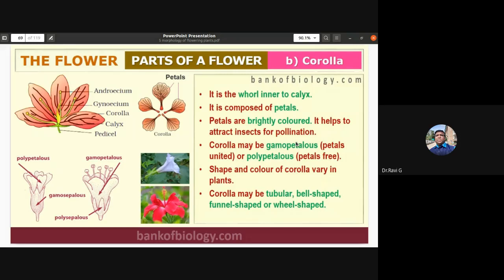If the corolla is bell shaped, as in Pichkari mara, that is Uchekai mara, the flowers are bell shaped, so we call it campanulate corolla. If the flowers are funnel shaped, just like a funnel, we call them infundibuliform corolla. And if they are wheel shaped, just like a wheel, we call them rotate corolla.